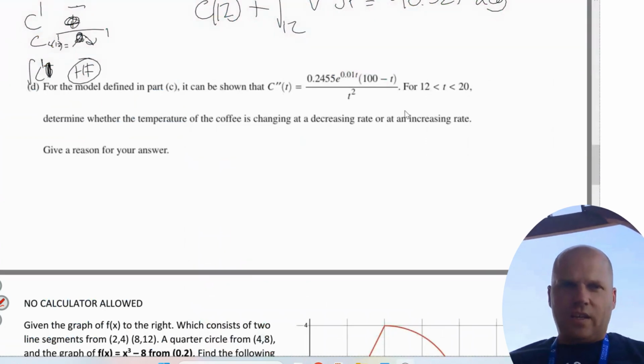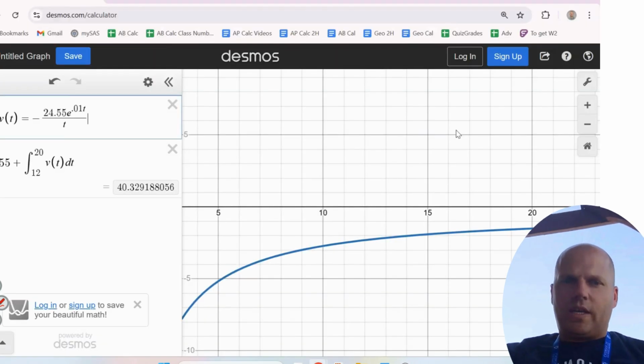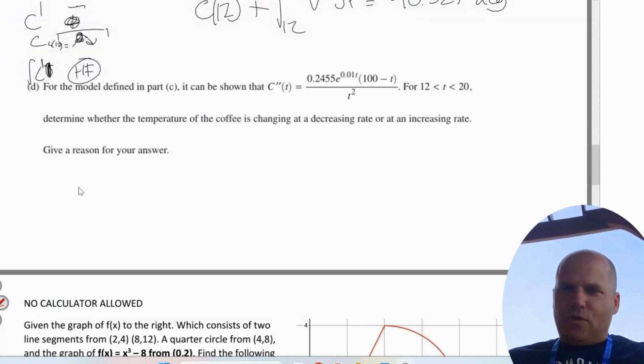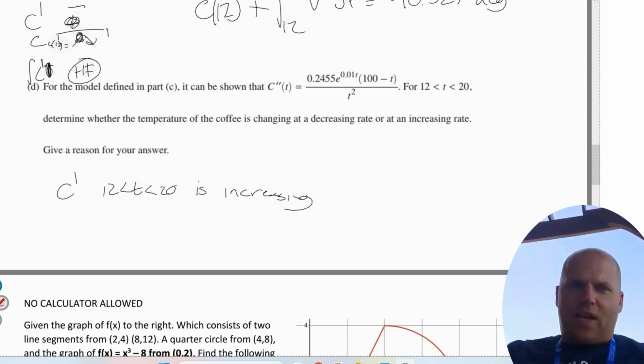So the question is like, determine whether the temperature of the coffee is changing at a decreasing rate or an increasing rate. Well, here is the rate of change. You can see the rate of change is increasing. You could say C prime from 12 to 20 is increasing. I don't know if they'll actually accept that.